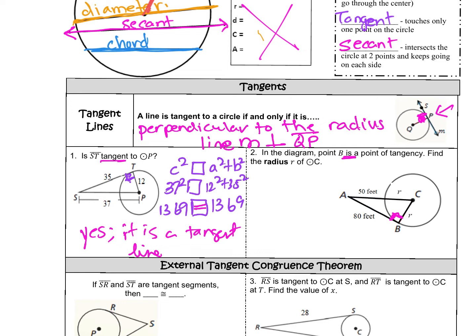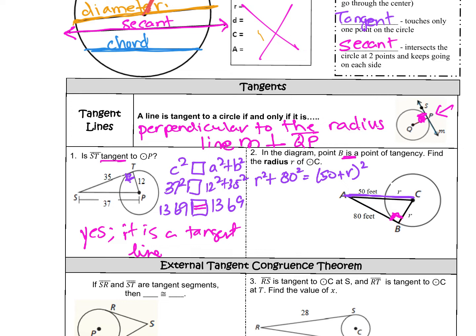We can put an equal sign there because it says that it is a point of tangency. So that gives me r squared plus 80 squared equals our whole line for our c, which is 50 plus r, squared.